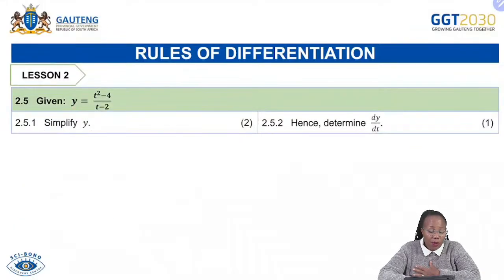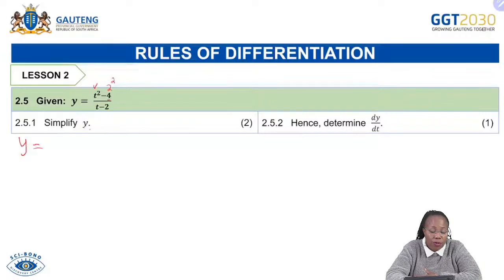And then another one, and then we are given y is equal to (t squared minus 4) over (t minus 2). Okay. And then now, in this case, they say simplify y. Now, if you look at y, on top here, we are having a difference of 2 squares because 4 is the same as 2 to the power 2.